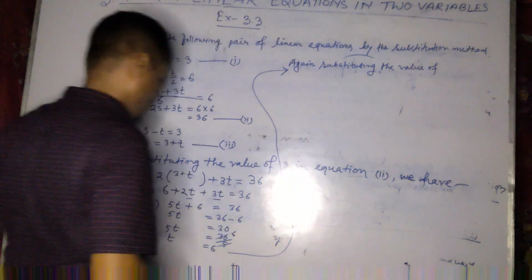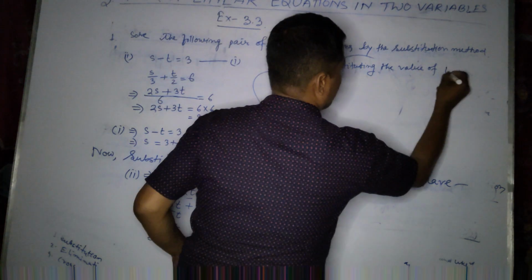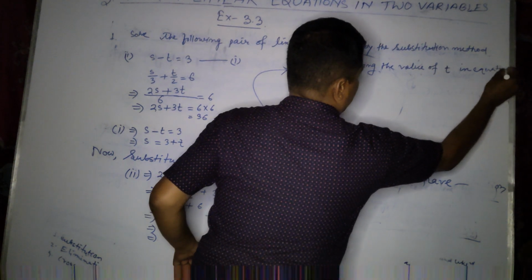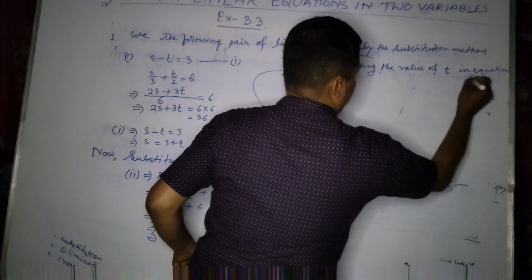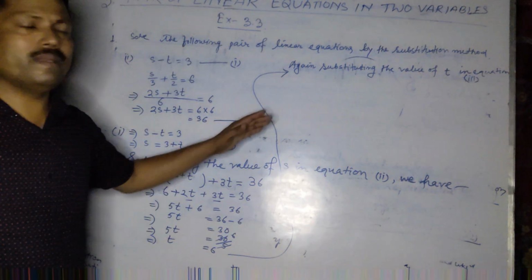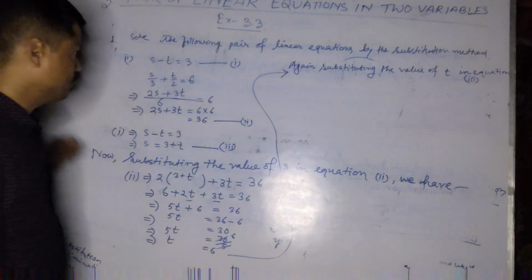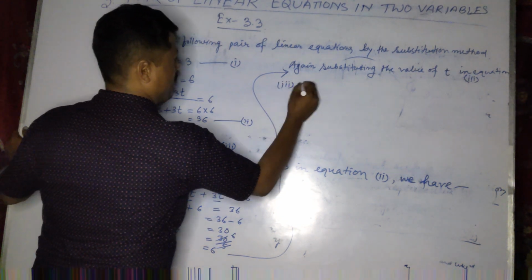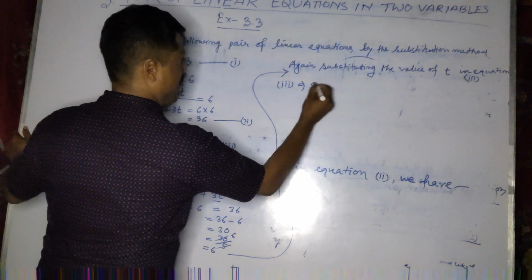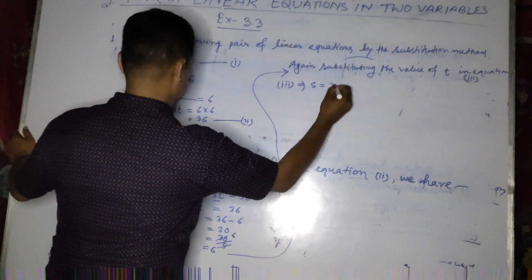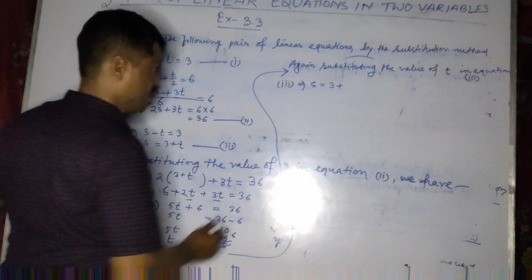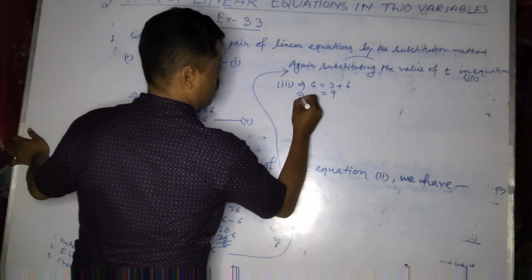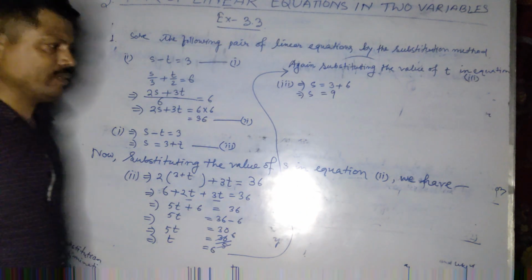So equation 3 says s is equal to 3 plus t, and the value of t is 6, that means there will be 9. So s is equal to 9.